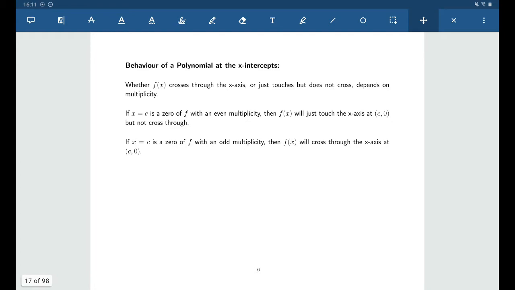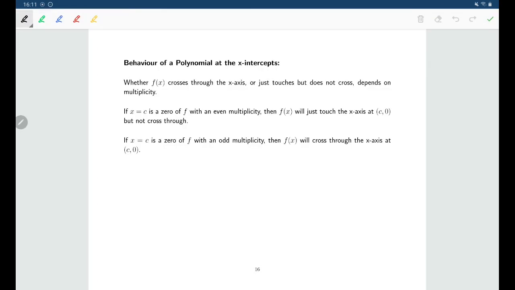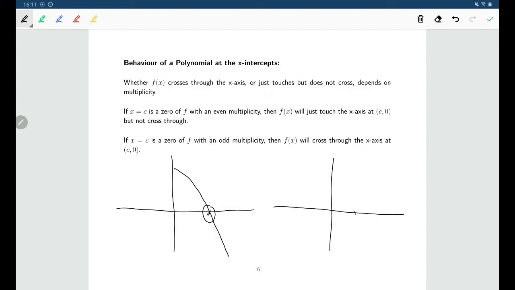Now, the reason we're talking about multiplicity is because whether the multiplicity of a 0 is even or odd will tell us whether the graph of that polynomial will cross through the x-axis at that 0, or whether that polynomial will touch the x-axis and bounce back at that 0.